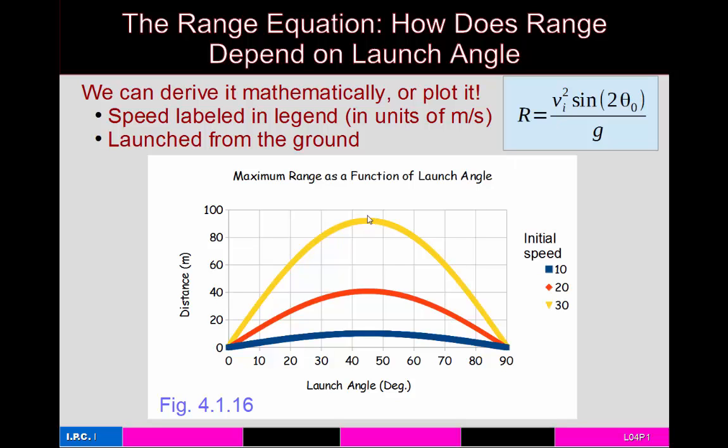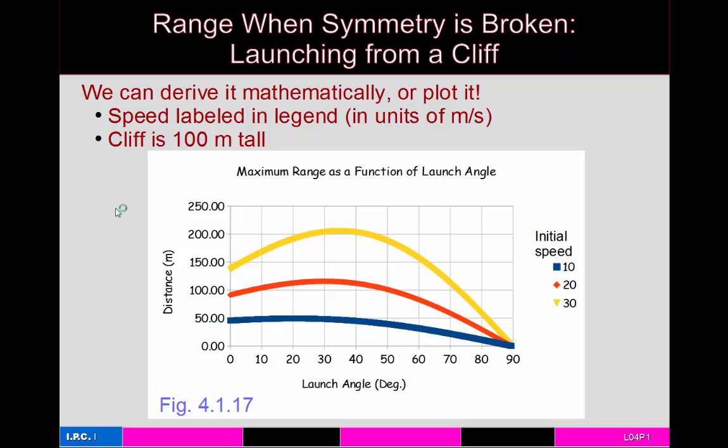Now again, this is not valid if you break this symmetry. In other words, if you were to launch this thing off of a cliff so that it has an initial position that is higher up than, say, the final height is going to be, then you'll find that the maximum range varies a little bit with angle.